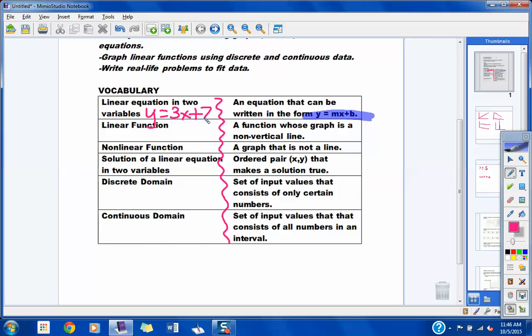If you just understand this, m and b just represent some number. What's my m value here in the example I used? 3, and what's the 7? Represents which variable over here? B, doesn't it? So as long as you recognize that m and b are just some numbers, we'll talk about that down the road in terms of its technicalities, but for now, just understand that m and b are some number. Question?